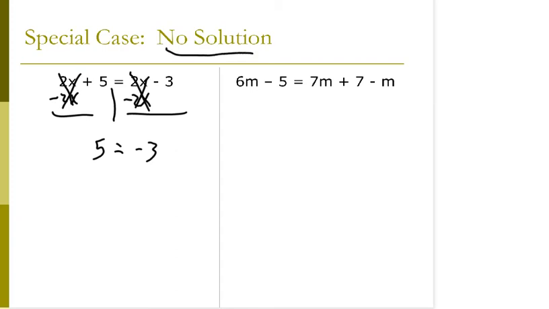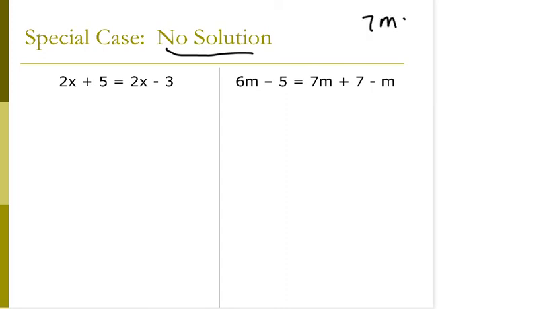Were we to look at the second example, 6m minus 5 equals 7m plus 7 take away m, we can first combine our like terms. Notice that 7m and subtract m are the same. So if we just ignore this for a second and put these two together, just over to the side, 7m take away m has the same value.